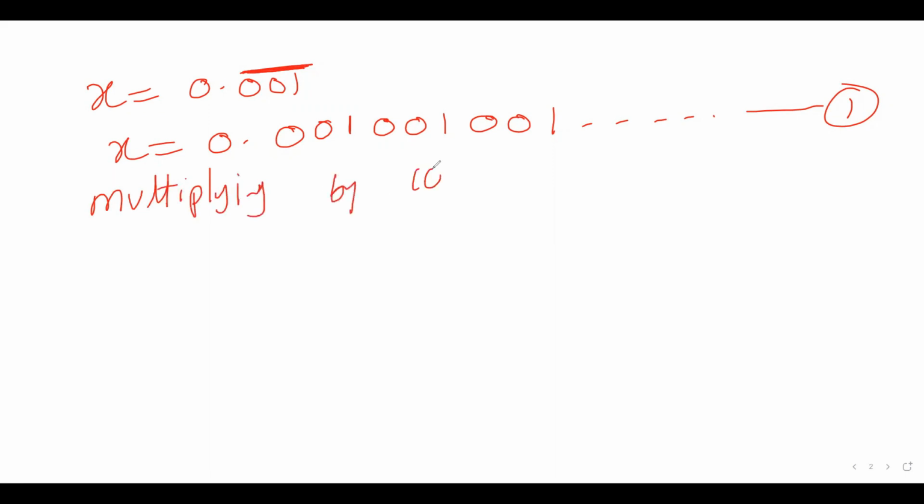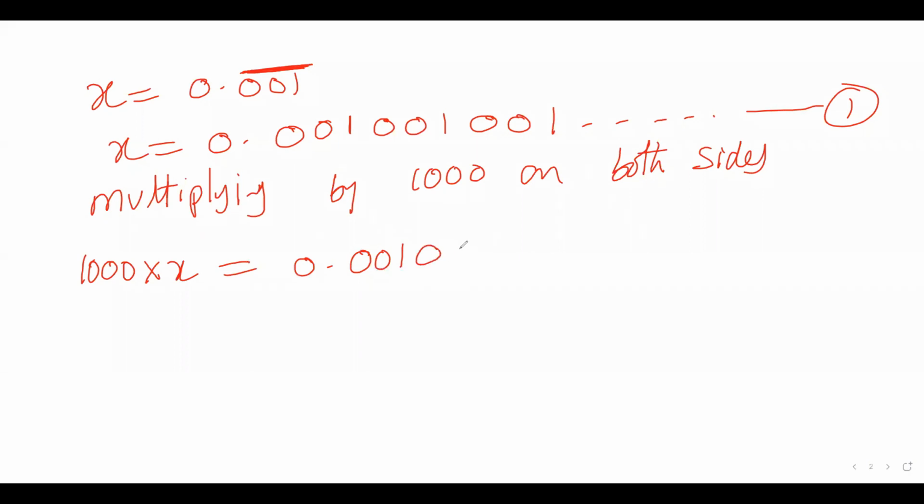You have to multiply by 1000 on both sides. 1000 into x is equal to 0.001, 001, 001, so on, into 1000. On multiplying with 1000, this point will shift 3 digits ahead.